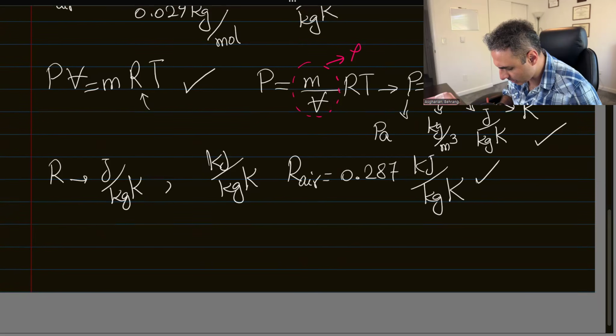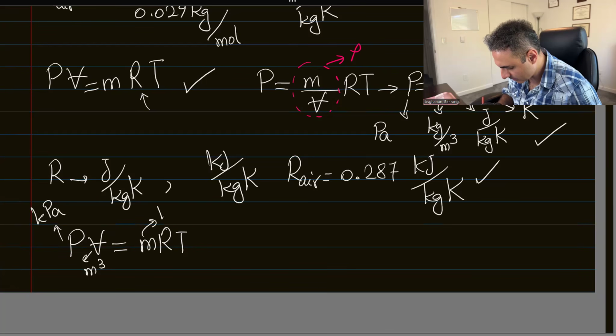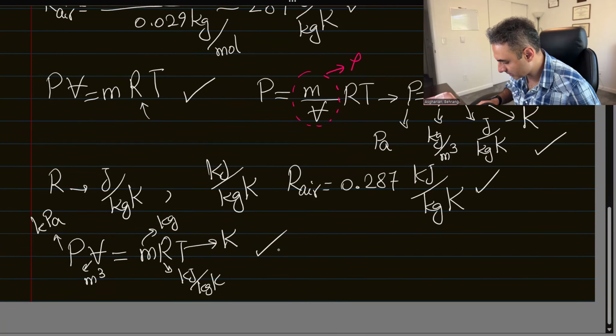If you want to use the other version of the ideal gas law, PV equals mRT, and somehow you decide to go with kPa for the pressure, the volume stays meters cubed, this is still kilograms, this becomes kilojoules per kilogram Kelvin, and this still stays Kelvin. So everything stays the same.